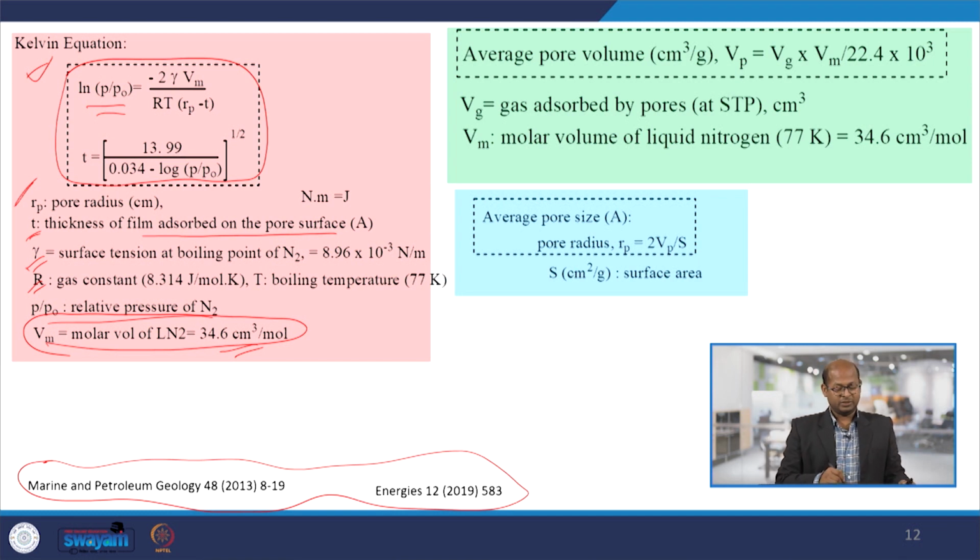This is the Kelvin equation, with the help of that we can find out the pore radius Rp, and pore volume also using these equations. If the monolayer volume is known, and G is how much quantity of gas gets adsorbed during experiments, with that help we can find out the average pore volume.